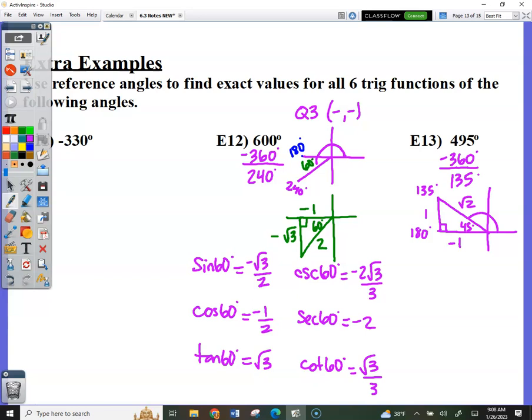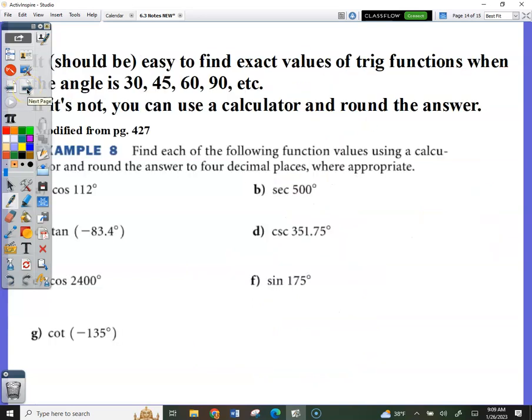Look at the next slide. It should be easy to find the exact trig functions of 30, 45, 60. I didn't mean to put 90 there, because you have your table, right? But if it's an angle that doesn't have a reference angle of 30, 45, or 60, then you just have to use your calculator.